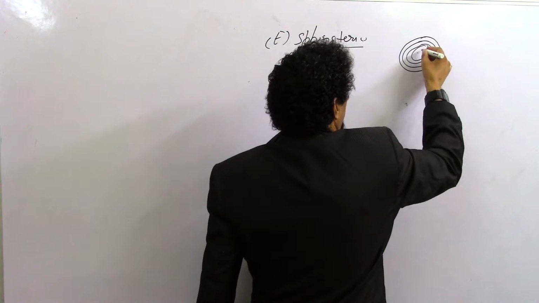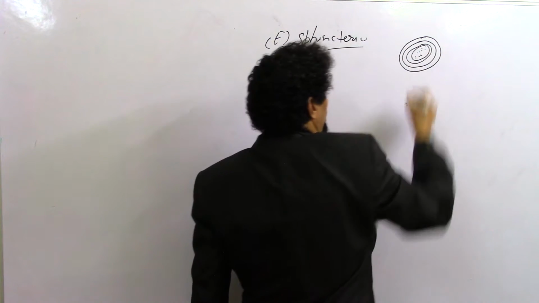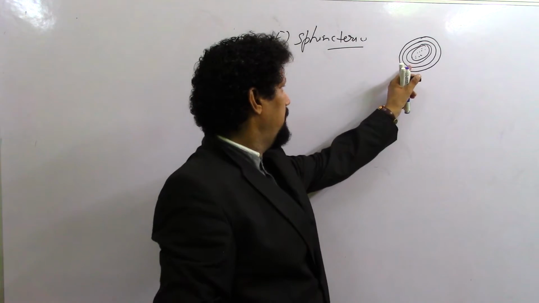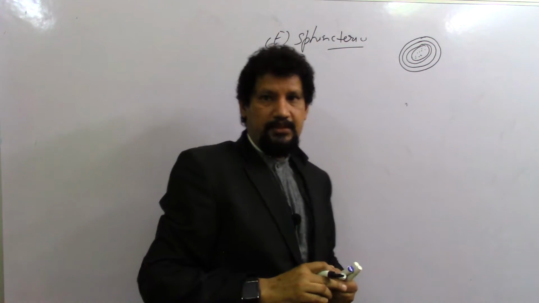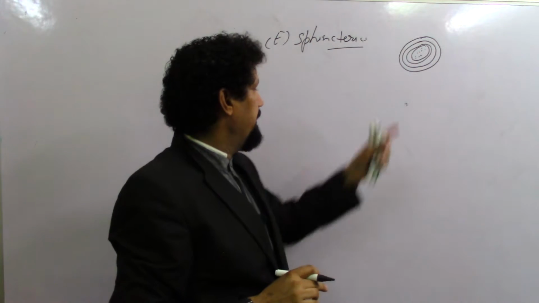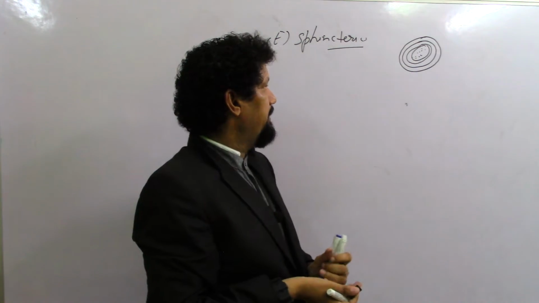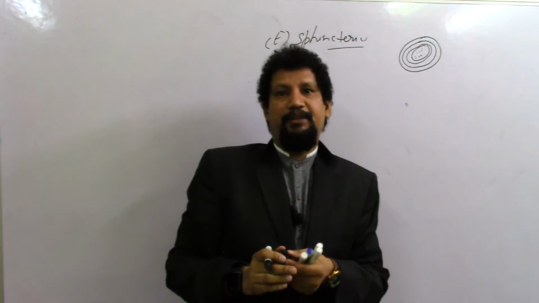This is the fissure of the sphincter. Muscle fibers are parallel, so the architecture of the muscle fiber or fasciculus is parallel, but the fibers are forming a sphincter.